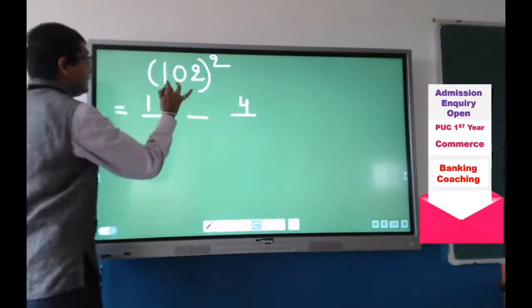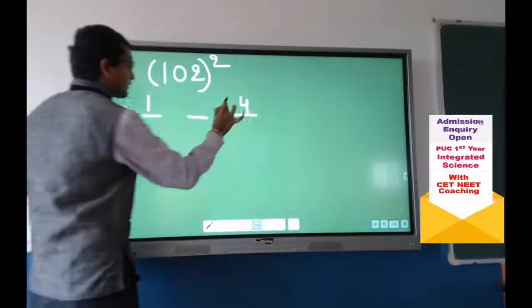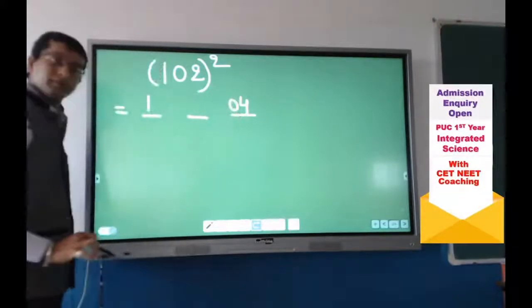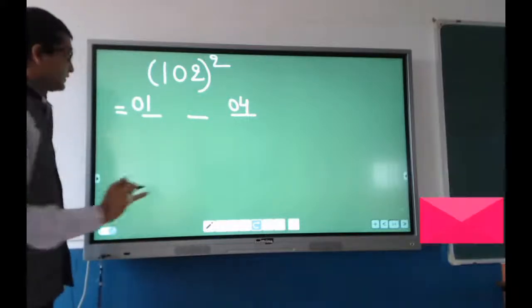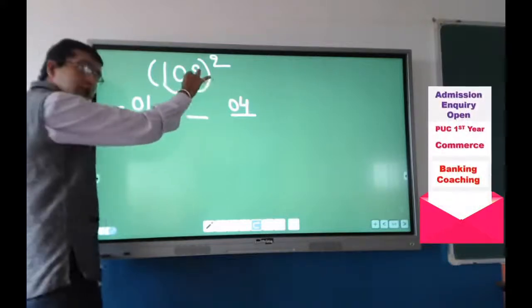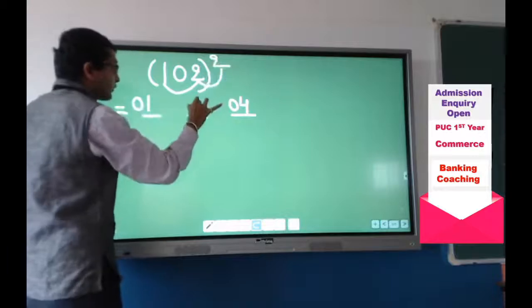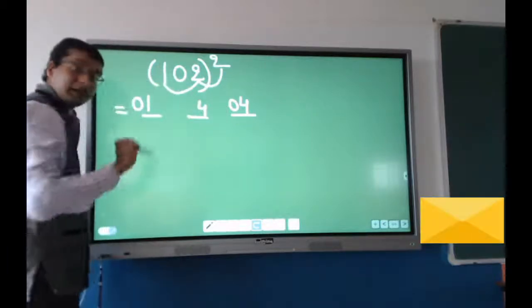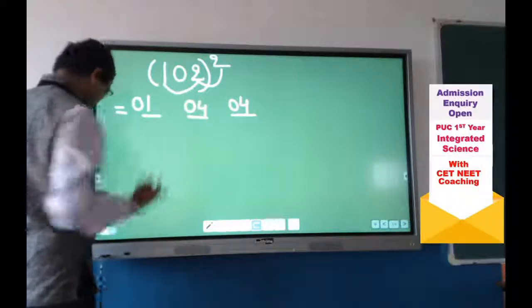So here there are 3 digits. Write it as 2 digits. Here also write it as 2 digits. Understood? Now 1 into 2 is 2, 2 into 2 is 4. There are 3 places, so what we have to do? 2 digits, 2 digits I have written.